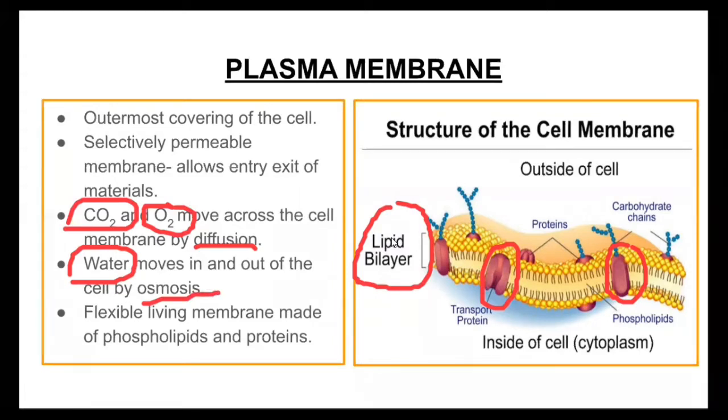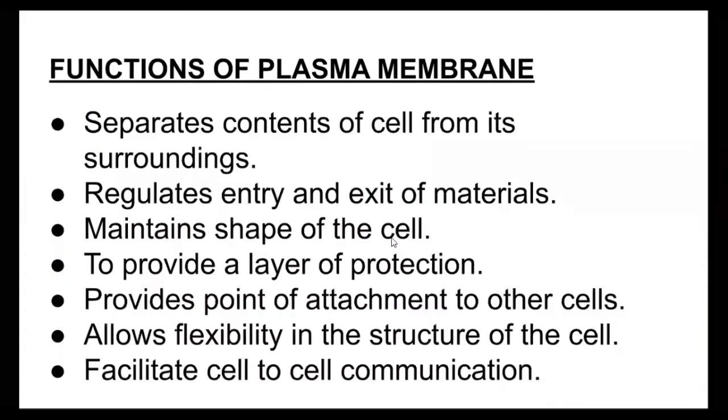What are the different functions of plasma membrane? The plasma membrane separates the contents of the cell from its surroundings. It regulates the entry and exit of the substances, maintains shape of the cell.